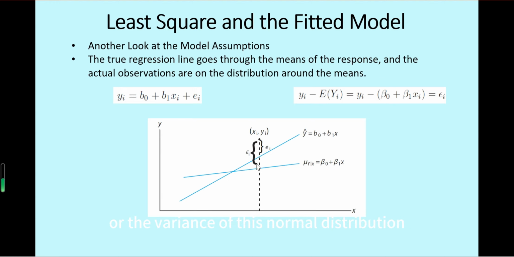If we add this epsilon, then here will be the real y. So epsilon follows a normal distribution with variance sigma square, which means the real value y also has variance sigma square, because beta 0 plus beta 1 times x is the deterministic term, plus a random term epsilon. So the y value will follow a normal distribution.